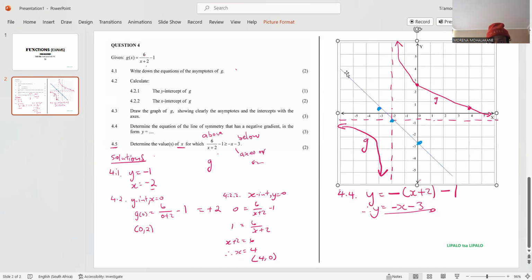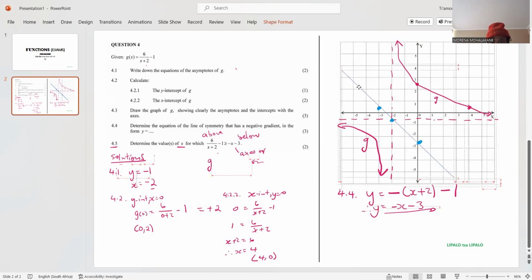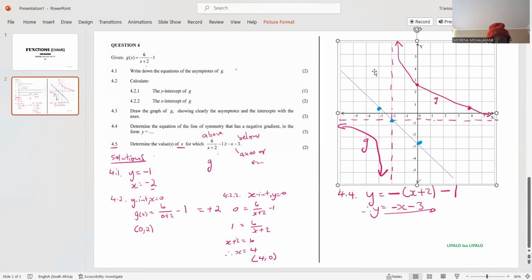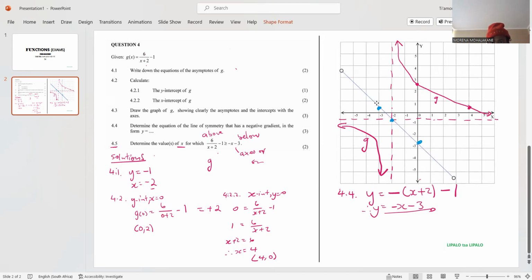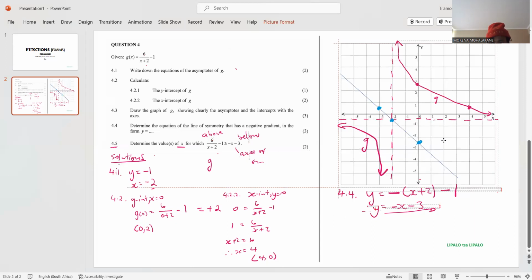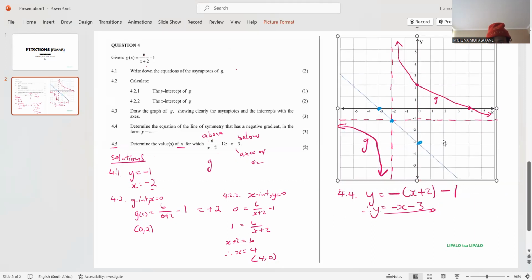Is this moving? I'm going to move the line, please. There we go. Yeah, perfect.